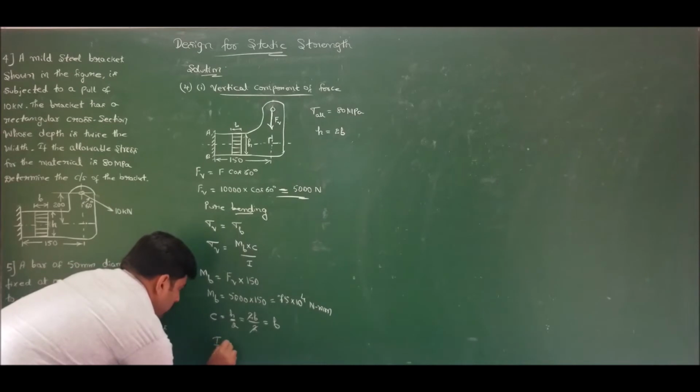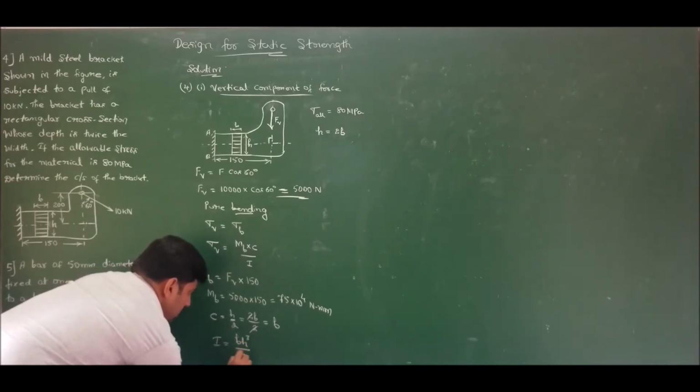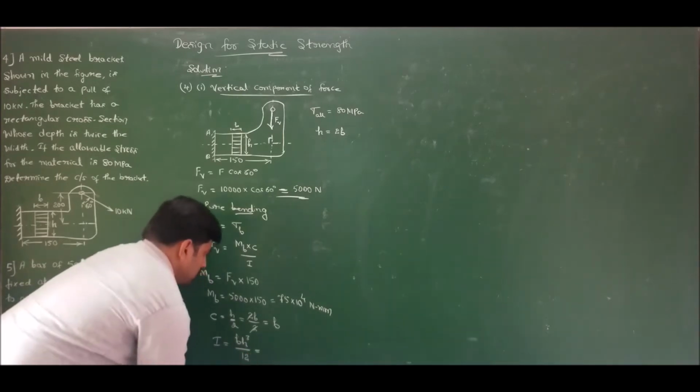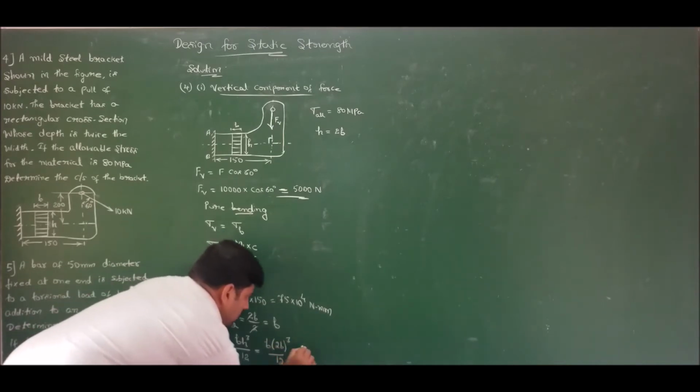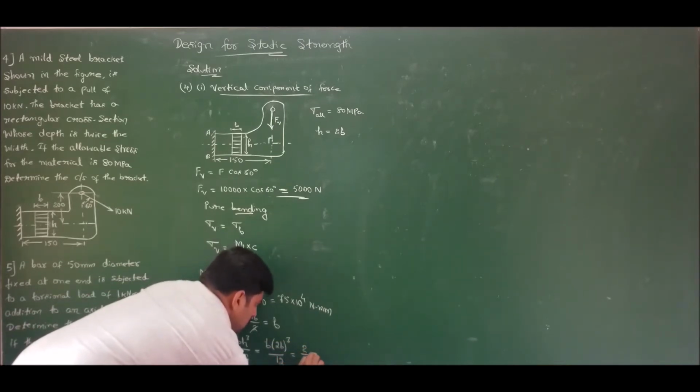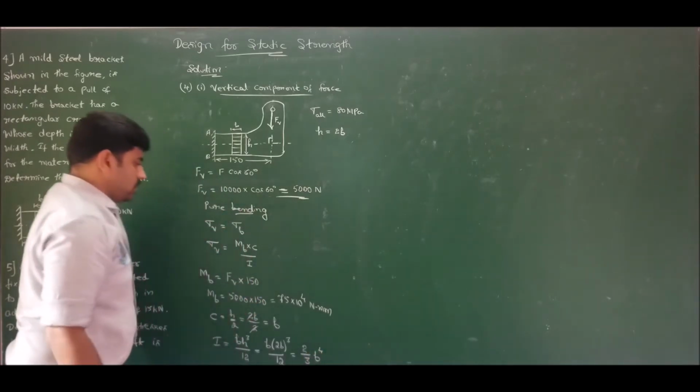And coming to moment of inertia, for rectangular cross section, we already know that I is equal to bh cube by 12. If I substitute and simplify, I will get b of 2b whole cube by 12, which is equal to 2 by 3 b to the power of 4.